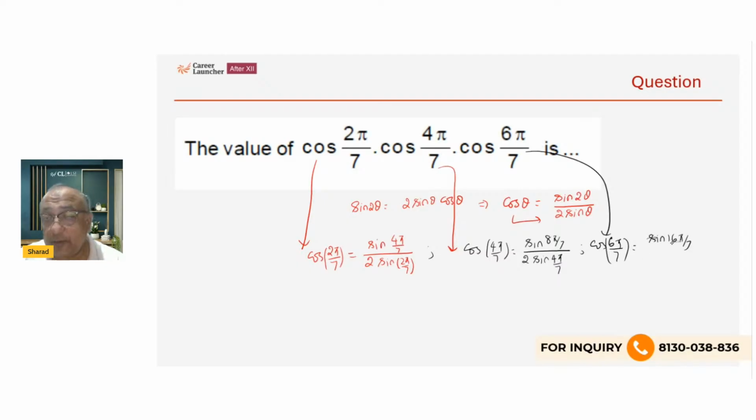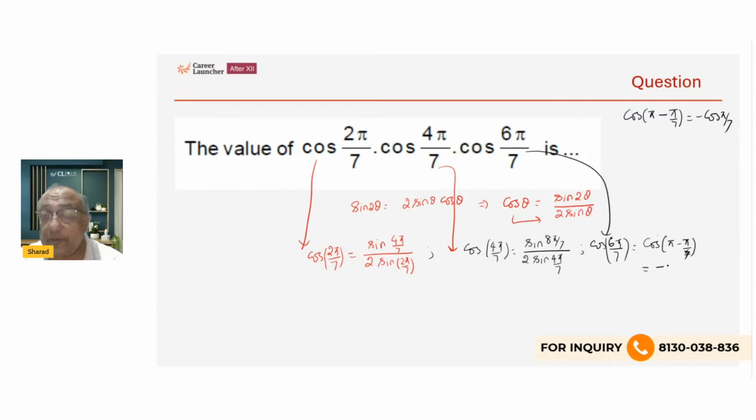So just see here. Just one more trick which is there, which is you can write this as cos pi minus pi by 7. And as you know, cos pi minus theta, please remember, is in the second quadrant, where pi means 180. When pi by 7 is subtracted from 180, this will be negative cos pi by 7.